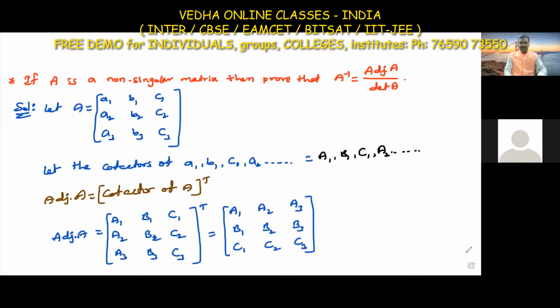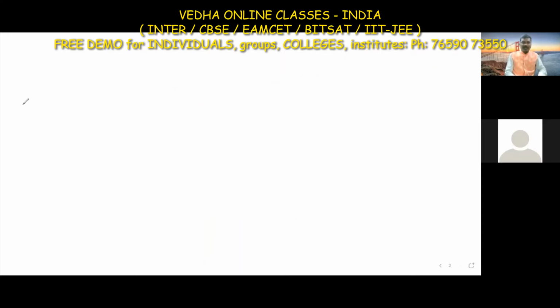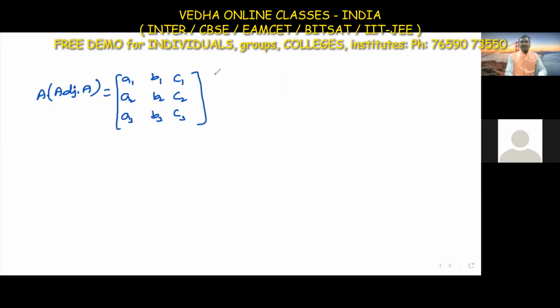So now I am multiplying here A into adjoint A. What is the A matrix? a1, b1, c1 and a2, b2, c2 and a3, b3 and c3. So this is the A matrix and the adjoint A matrix.